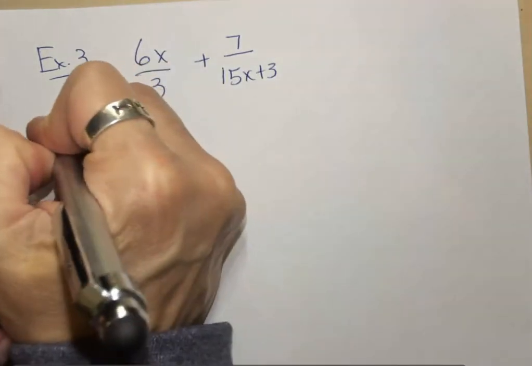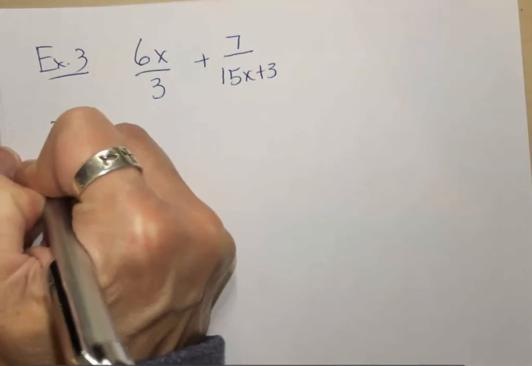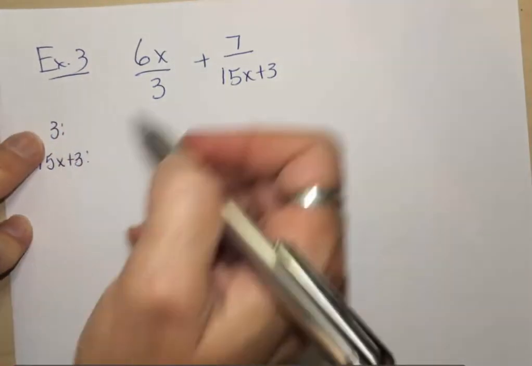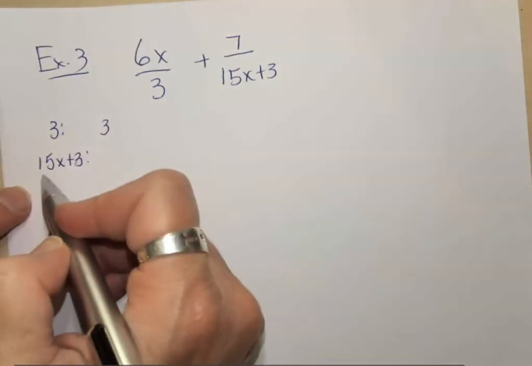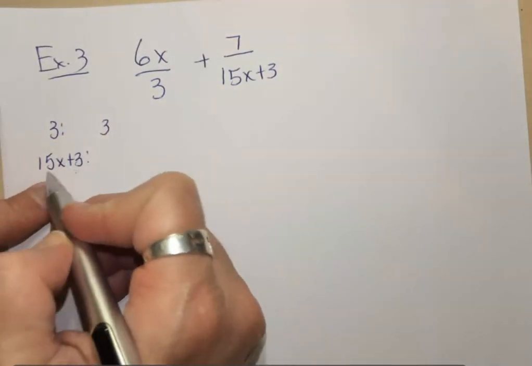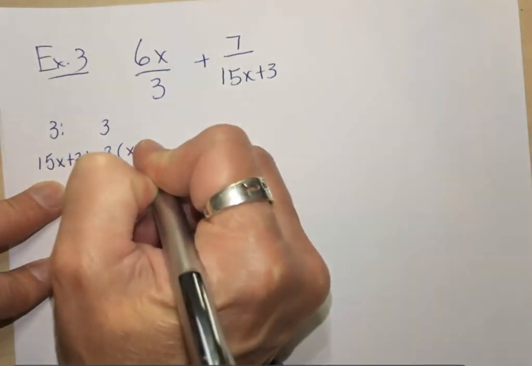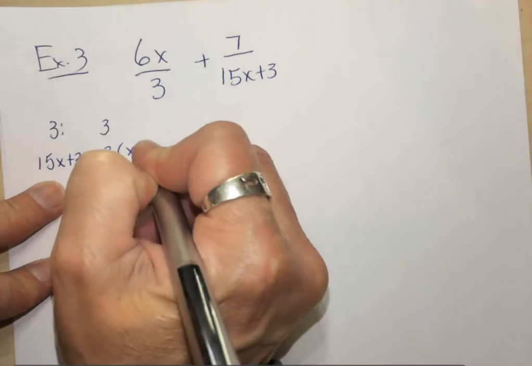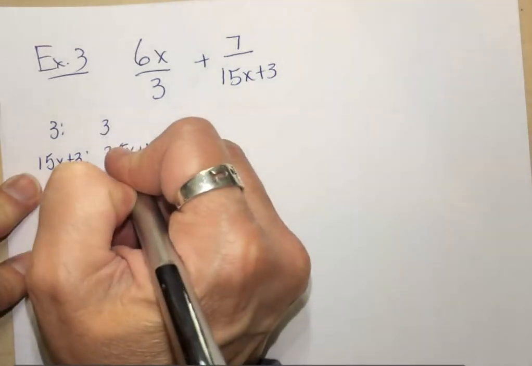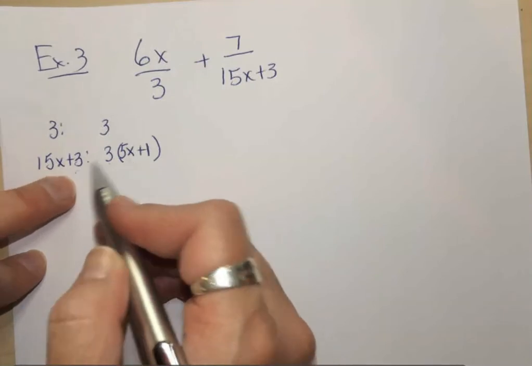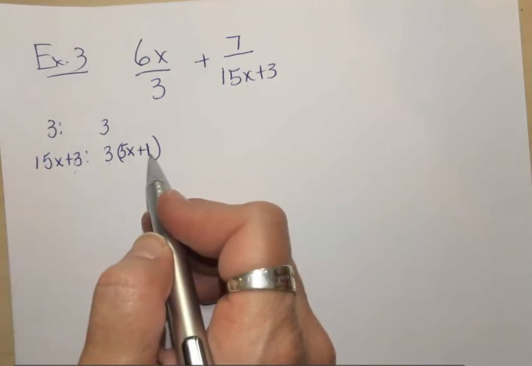So first thing we're going to do is write out our prime factorization for both of these expressions. Well, 3 is just 3. And 15x plus 3, I could pull a 3 out of that, and I'd be left with an x plus 1, my bad. 5x plus 1, let's try that again. 3 times 5x is 15x. 3 times 1 is 3.